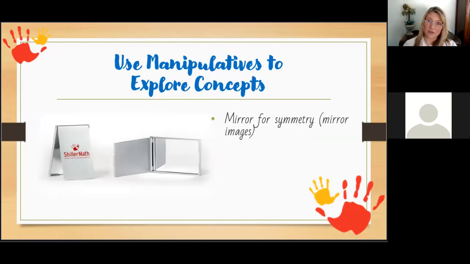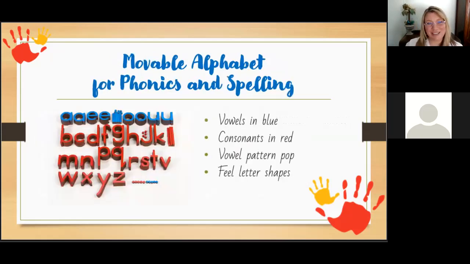So the child can, even if they are working on symmetry in a book, see the line of symmetry, the mirror image, and also use objects with that as well. So they can put a shape right up against there. So let them have fun with mirrors. And this is going to be great for geometry work, whether they are in elementary or even middle school. So you can hang on to your mirror when they get older too.